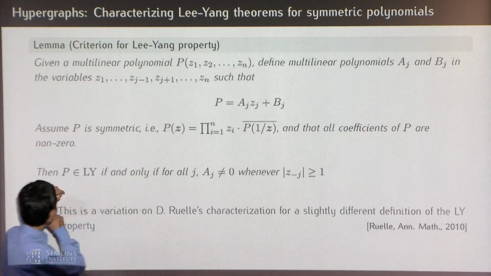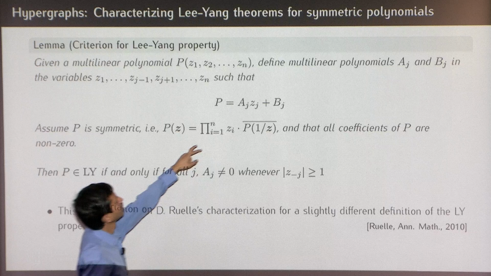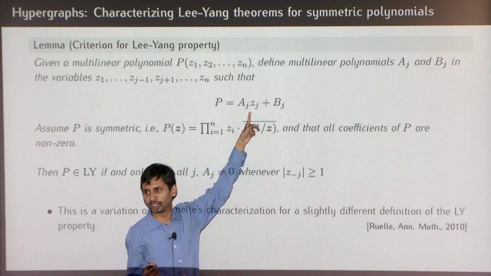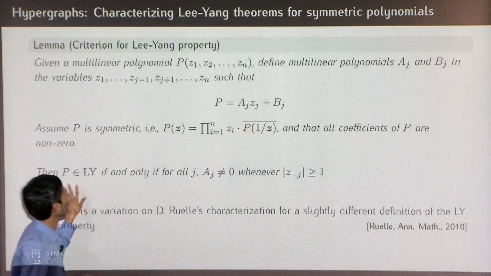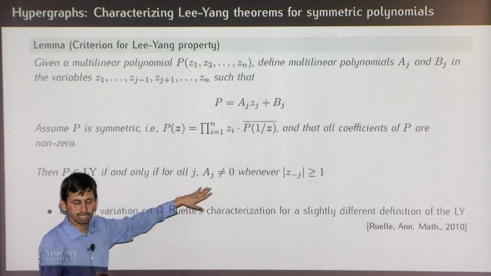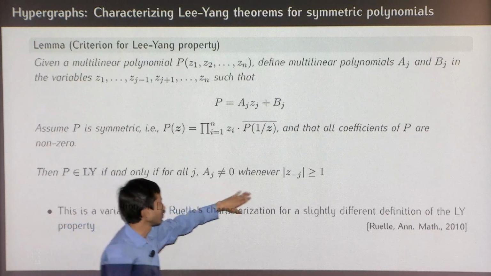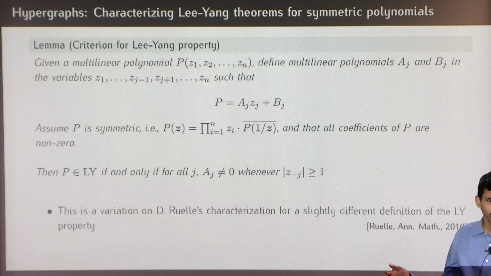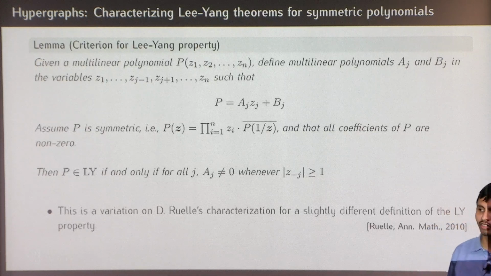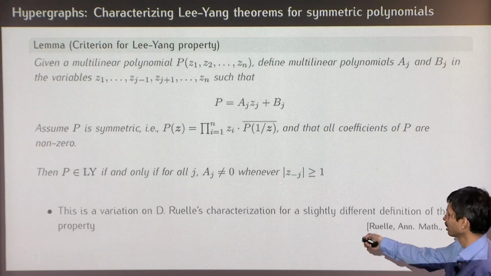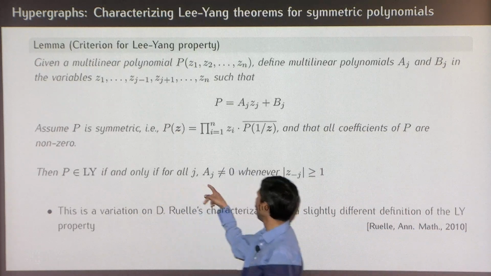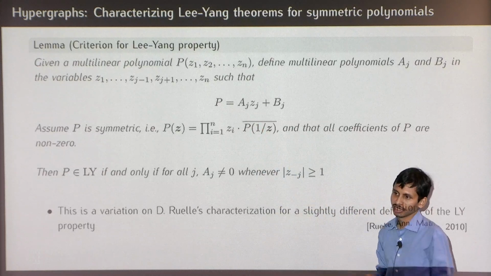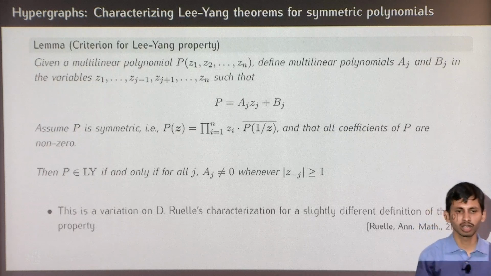Then if I isolate one of the variables and look at the coefficient aj of that variable, P has the Lee-Yang property if and only if aj has a slightly stronger property, that it's not 0 whenever all the other variables are on or outside the unit disk. Remember that Lee-Yang required that at least one variable has to be outside the unit disk. This is slightly stronger: P is Lee-Yang if and only if these coefficients are non-zero whenever all the variables that appear in them are on or outside the unit disk.